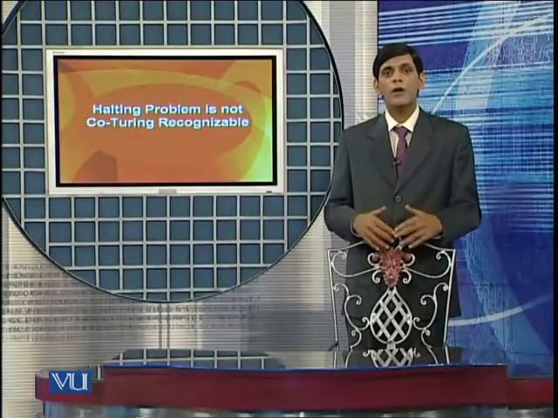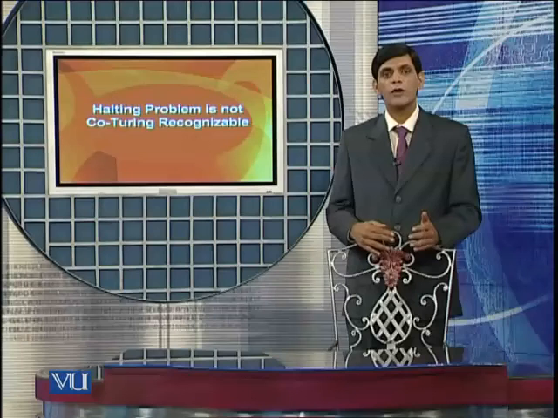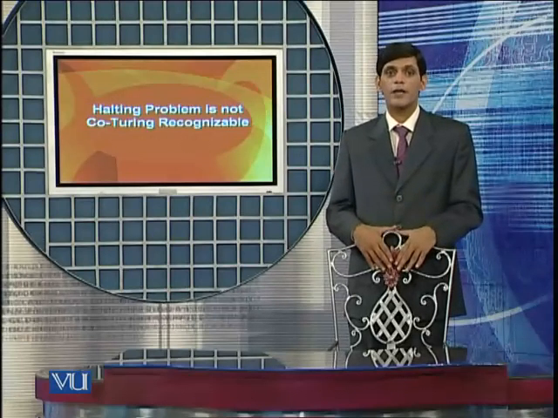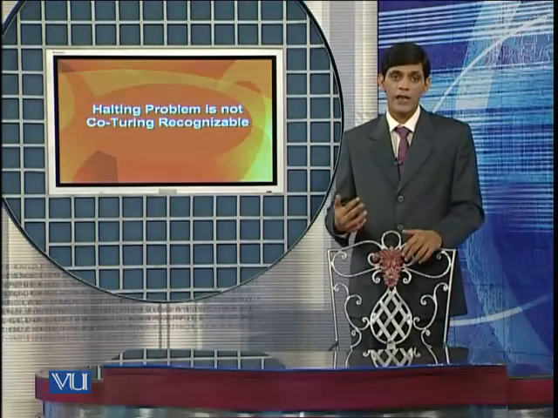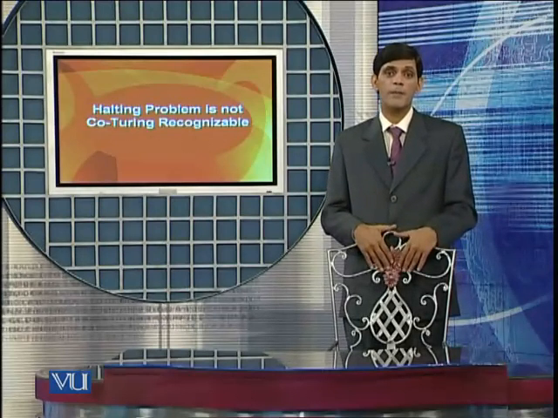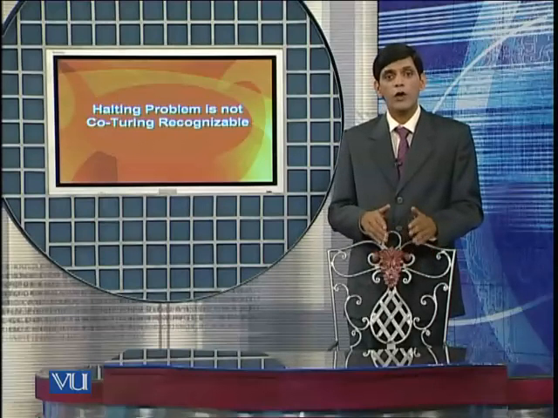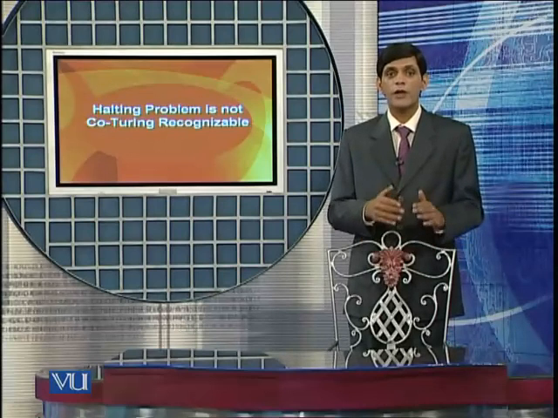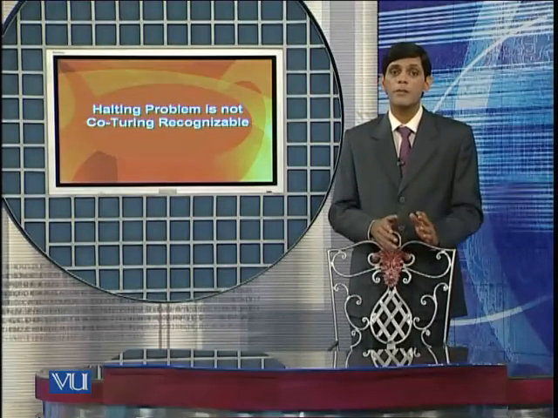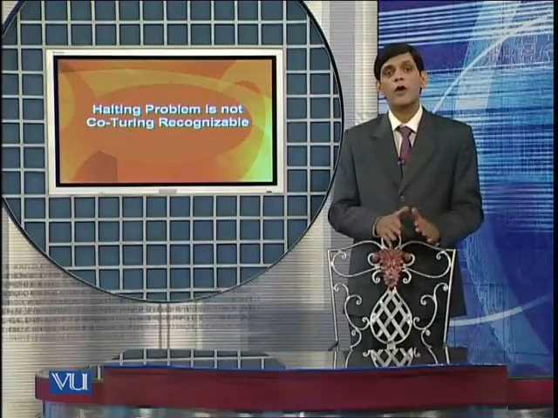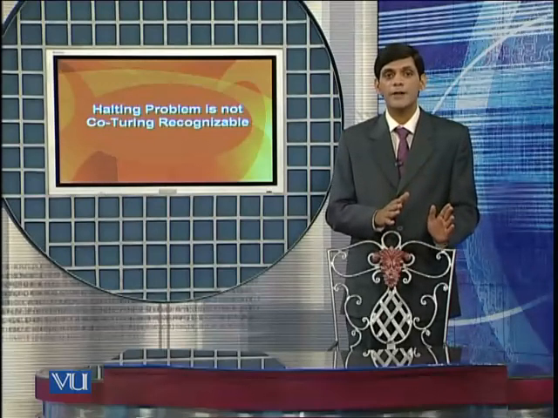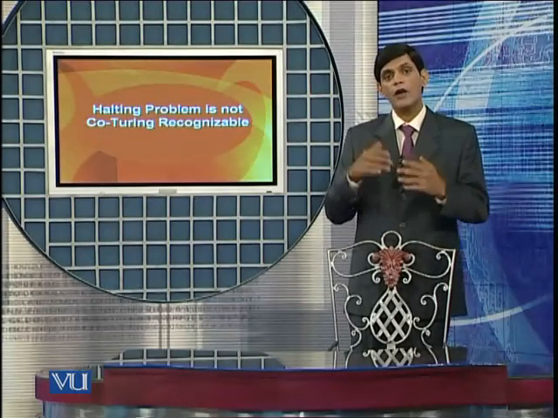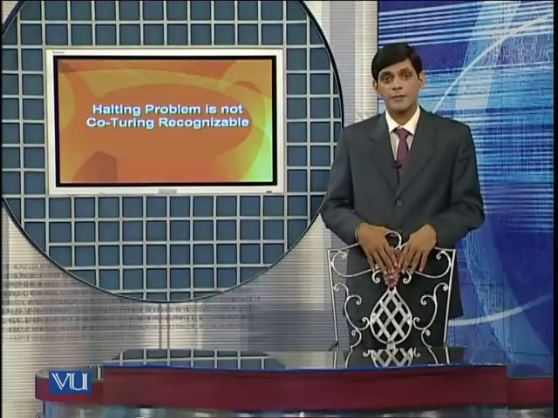Now, this new theorem is easier to apply if we think about the halting problem. What do we know about the halting problem? Well, we have proved today that the halting problem is not decidable. We also know that the halting problem is Turing recognizable. So when we put the premise that the halting problem is not decidable into this theorem, we can conclude that either it is not Turing recognizable or its complement is not Turing recognizable.